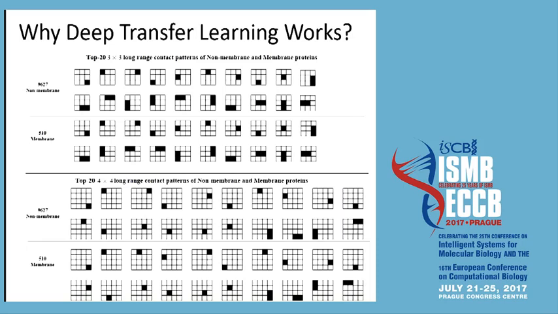We look at 3 times 3 small submatrices in the contact map, and pick out the highly frequently occurring submatrices. These top 20 patterns are from the non-membrane proteins, and these 20 patterns are from membrane proteins. You can see they are quite similar. They only differ in the ranking order.